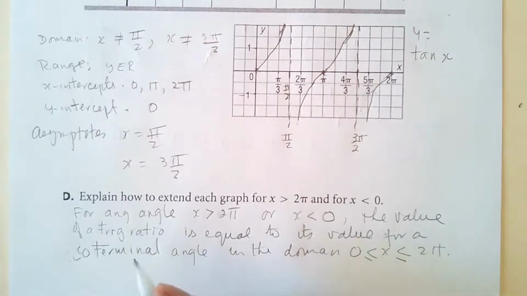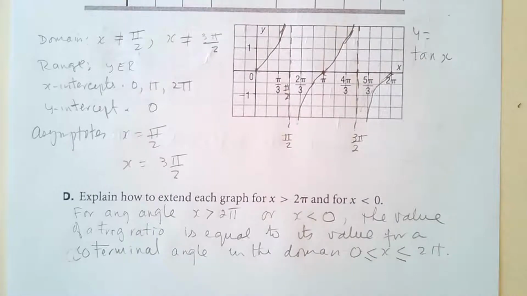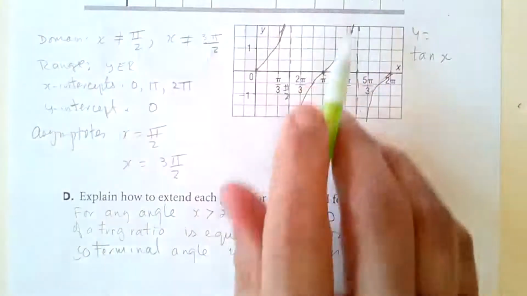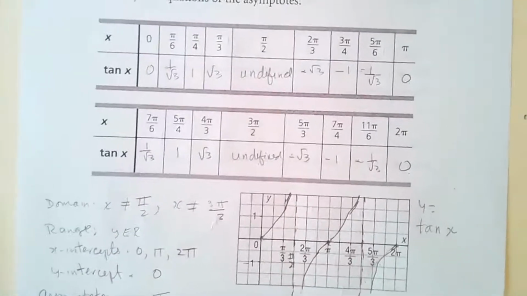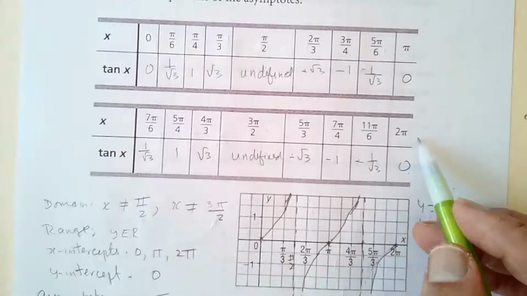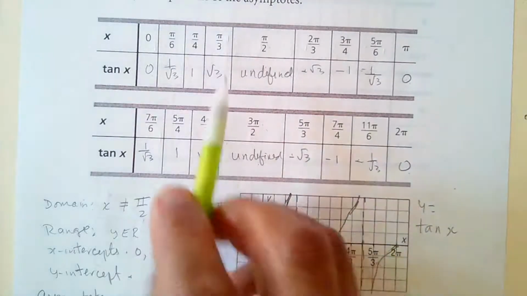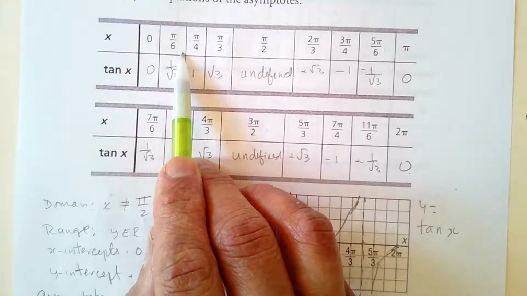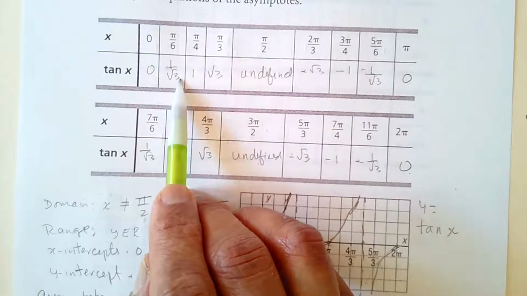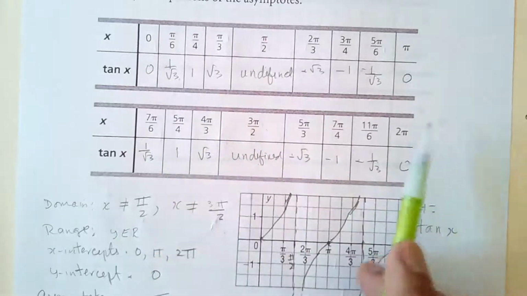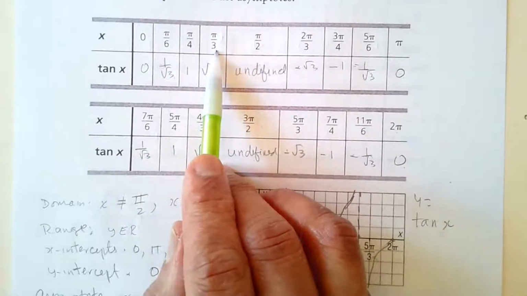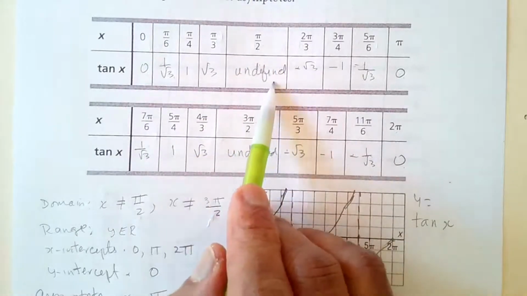So in other words, the value in each table will repeat. So the value in each of these tables here will repeat. So whatever value you have here will repeat. If I were to continue now into 2 pi plus pi over 6, it becomes 1 over root 3, etc. Like 2 and 1/4 pi, 2 and 1/3 pi, right? 2 and 1/2 pi will be undefined.